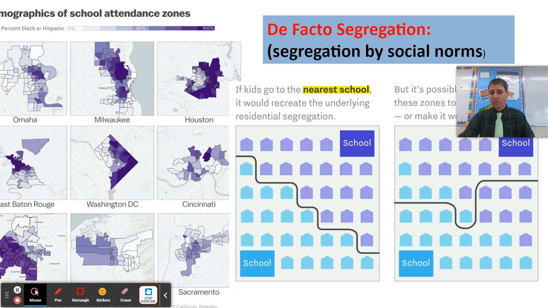As a result, in many parts of the country, you get very segregated schools, because the neighborhoods around those schools are more likely to have either the minority groups or the white groups. There's not a lot of intermixing. And as a result, you get de facto segregation. That segregation exists not as a result of the law, but as a result of social norms, in that communities live separately from one another. So you can see examples here.